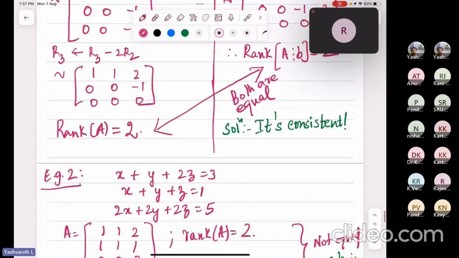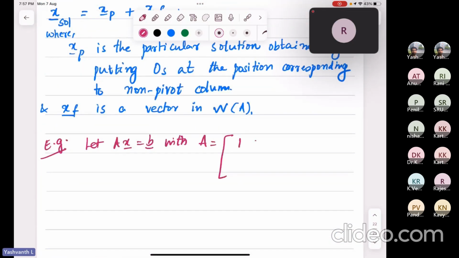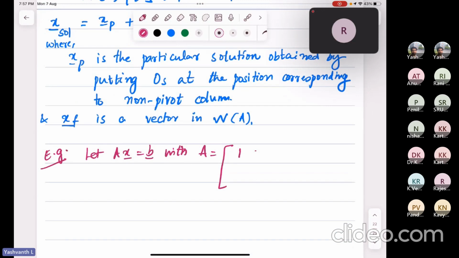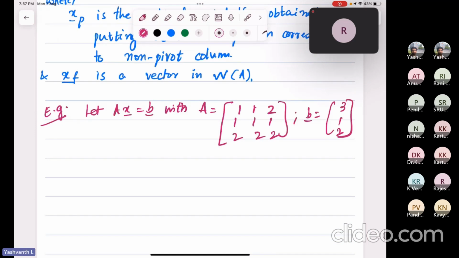So I'm going to take the same example and find the solution for this. A is 1, 1, 2, 1, 1, 1, 2, 2, 2, and B equal to 3, 1, 2. Clearly, we saw that it has infinitely many solutions.